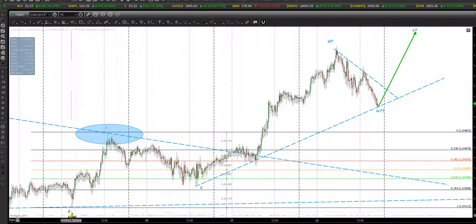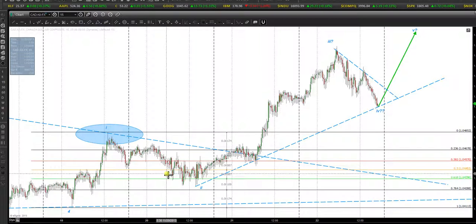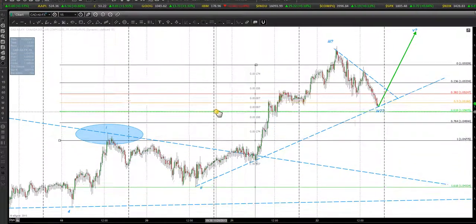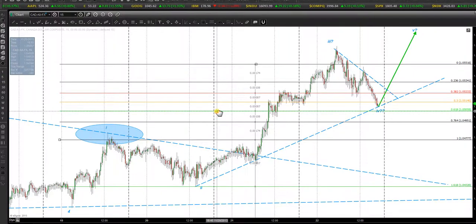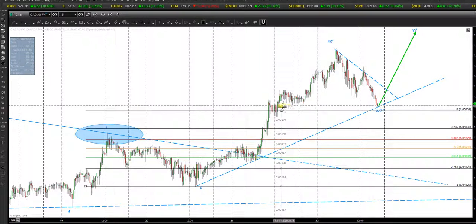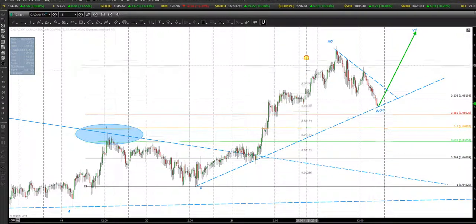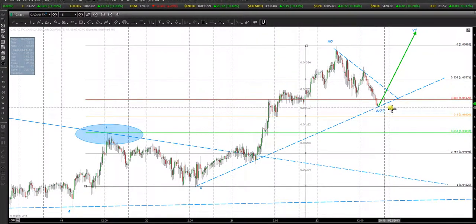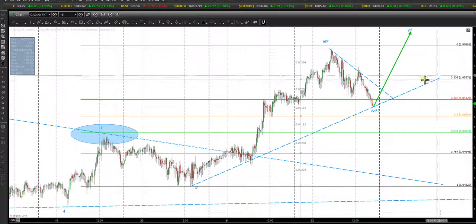In that fifth and final wave, we had wave 1 followed by a 61.8% correction for wave 2. Wave 3 was the extended wave, extended slightly beyond 161.8%. And then wave 4 retraced towards the 38.2% mark. It went slightly past, but at the 38.2% mark, it's finding support right here.